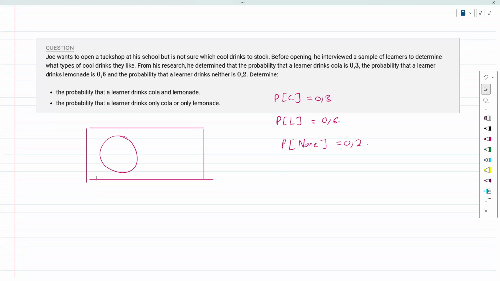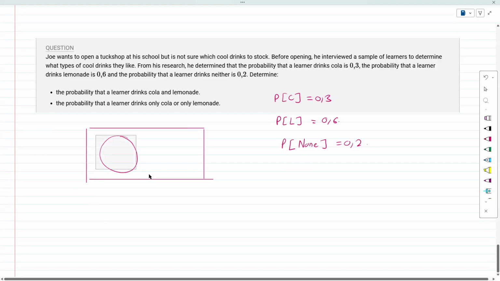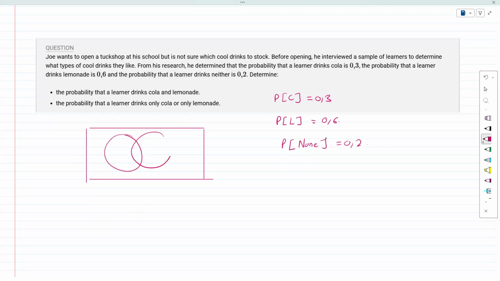I don't think it would be. I mean, why would somebody not drink both? But I'm taking a guess for now. We're not supposed to really assume, but let's take a guess for now, just so I have something visual to look at. That's cola, that's lemon, and none is 0.2. Okay, cool.